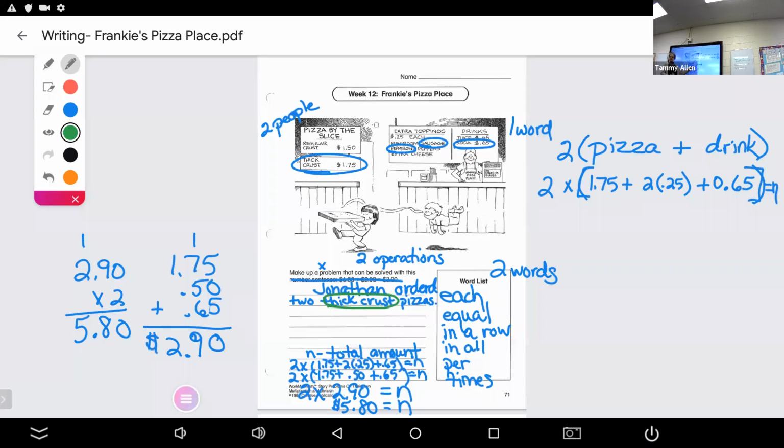We could say each, couldn't we? Each pizza had sausage and pepperoni. We got each in.